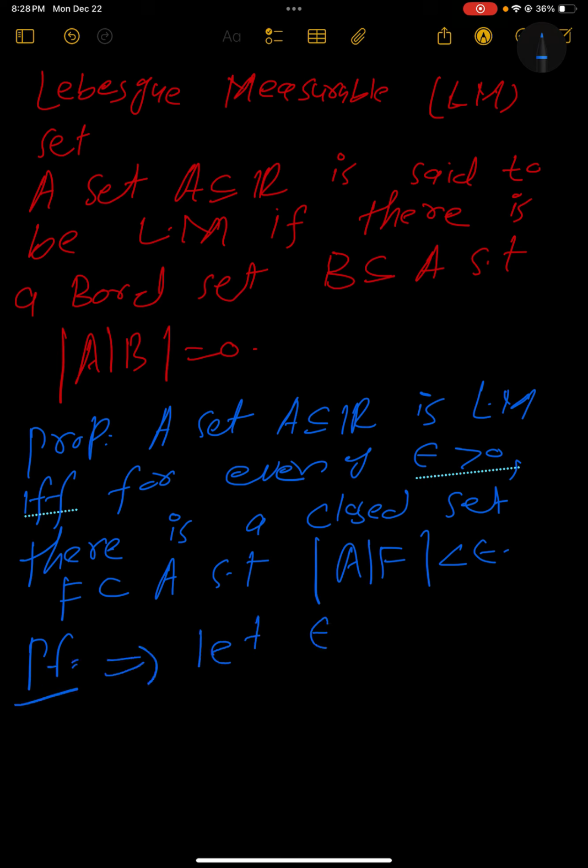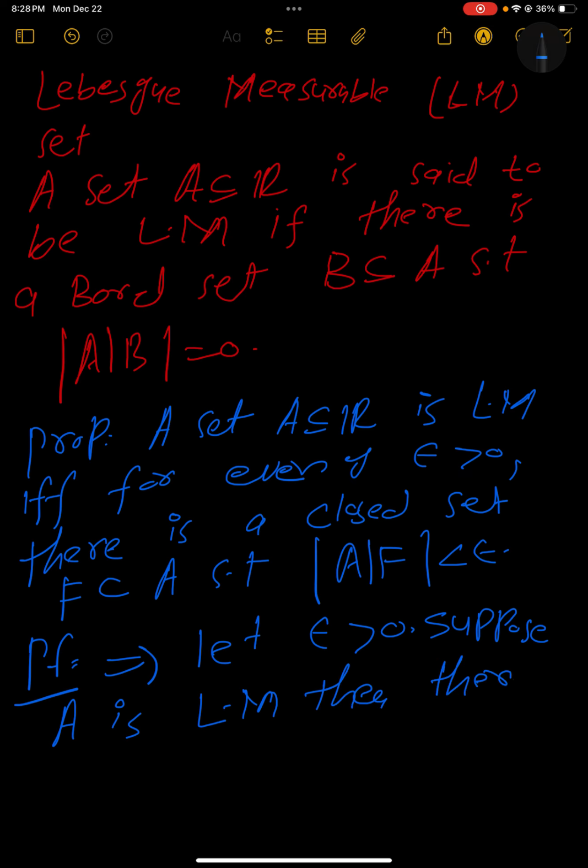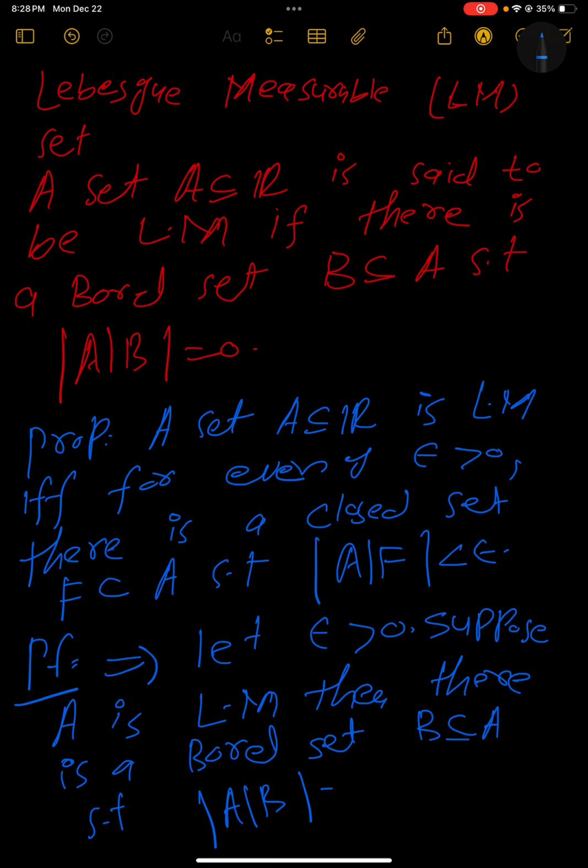Let epsilon be greater than 0. Our supposition is, suppose A is Lebesgue measurable. What does this mean by definition? Then there is a Borel set B in A such that the outer measure of A difference B is 0.